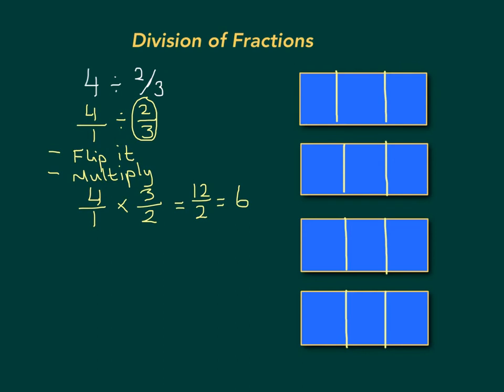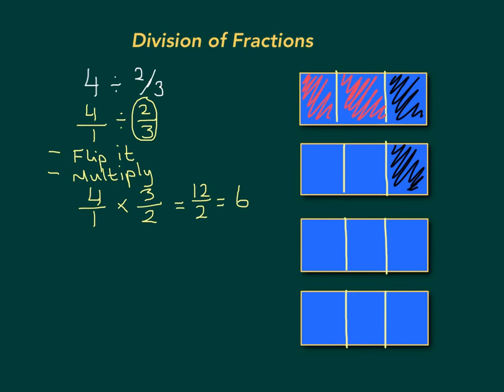And now we want to see how many sections of 2/3 we can fit in these 4 wholes. So let's start shading in what 2/3 looks like. Let's start with our red. So 2/3 of this one would be here. There's 2/3. And let's continue. Let's do a different color. Maybe we'll do black. And here's going to be 2/3. There's 1/3 and there's 2/3. And let's continue.